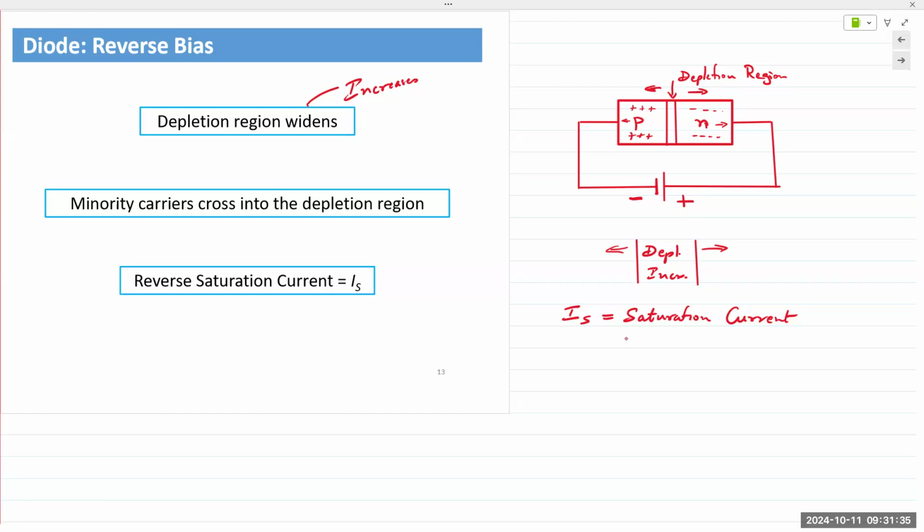If you increase the reverse voltage to -2, you would get -2 picoamps. If you go to -3 volts, you get -3. If you go -5 volts across the diode, you'll get -5 picoamps. And so that reverse saturation current increases with increasing voltage.